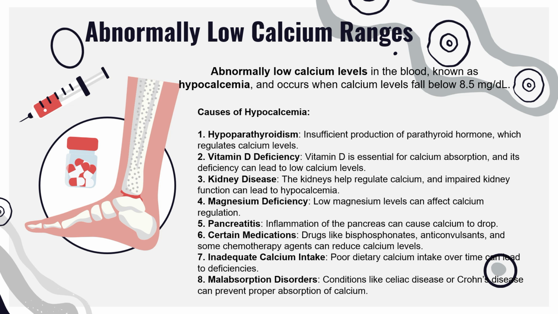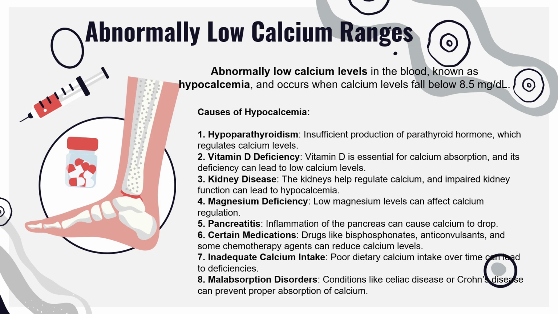At number 5, we have a disease called pancreatitis. The inflammatory process of the pancreas can cause a drop in calcium levels as well. At number 6, we have the use of certain medications. Drugs like the bisphosphonates, anticonvulsants, and some chemotherapy agents can reduce the blood calcium levels.